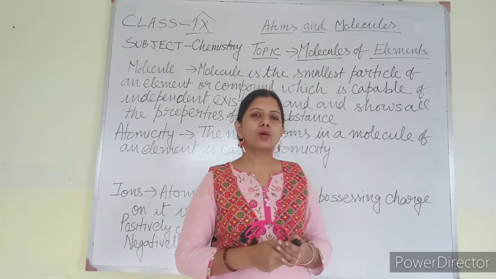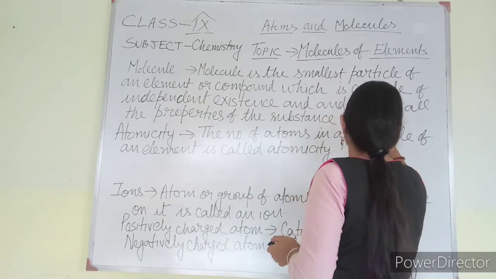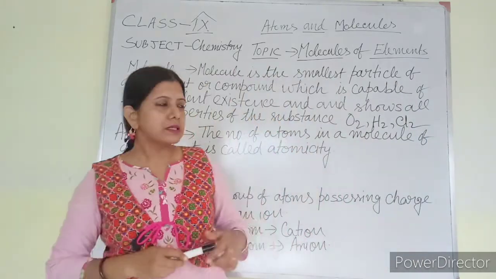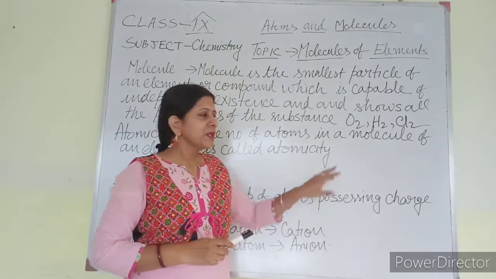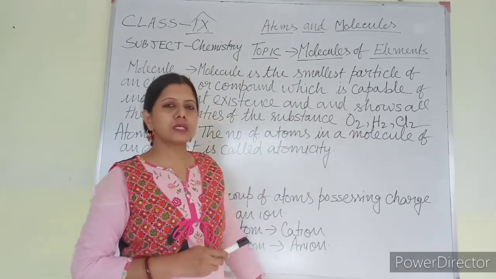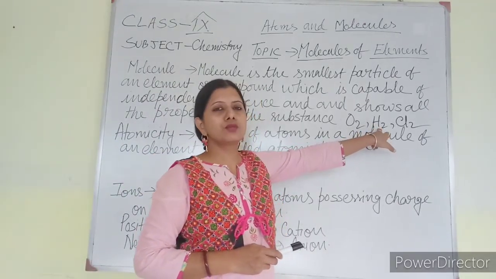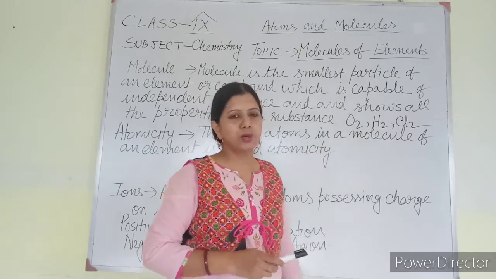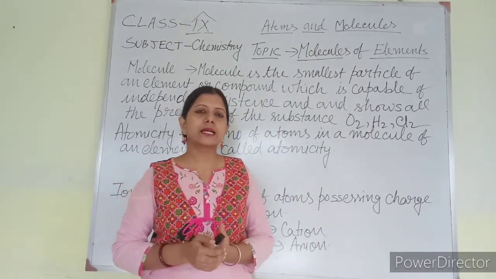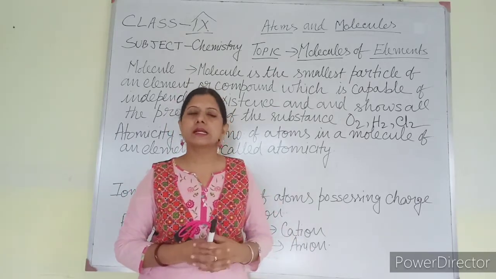You can find that oxygen is always written as O2, hydrogen as H2, chlorine as Cl2. What is this representing? Two atoms of oxygen combined together to form one oxygen molecule. Two atoms of hydrogen combined together to form one hydrogen molecule. In this way, the atoms of certain elements cannot exist independently. They form molecules, which can exist independently.